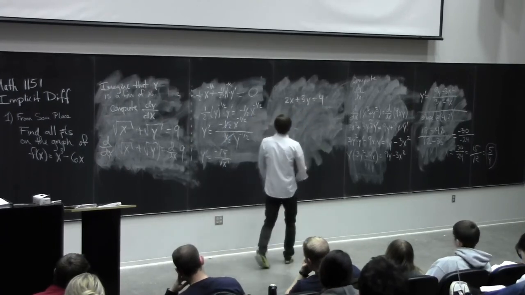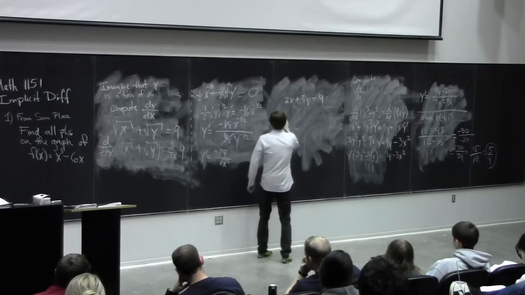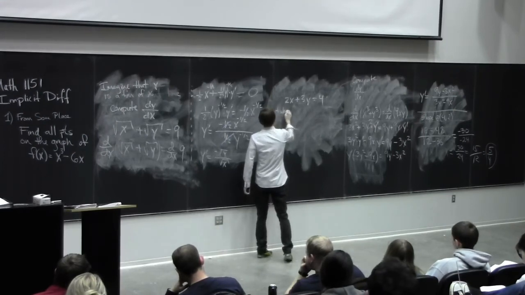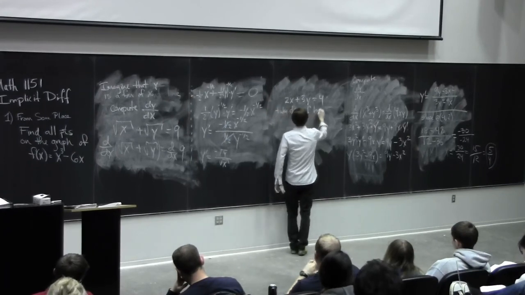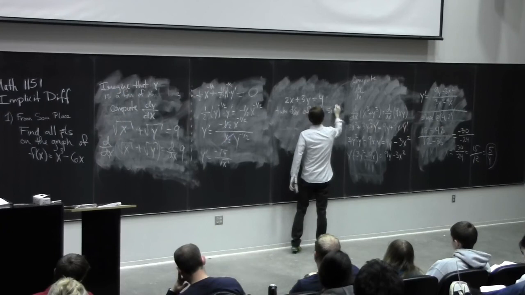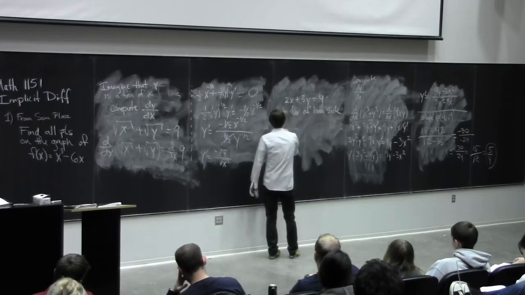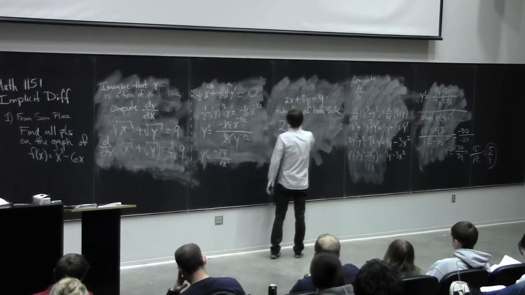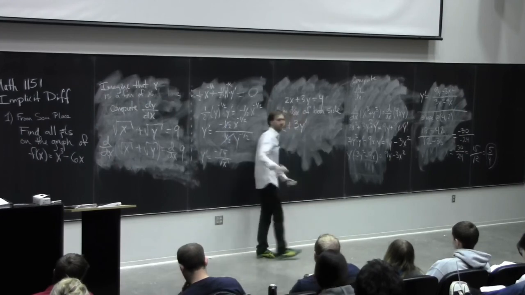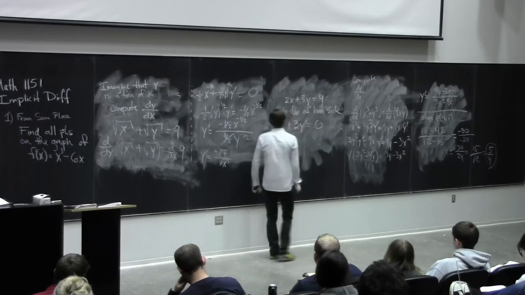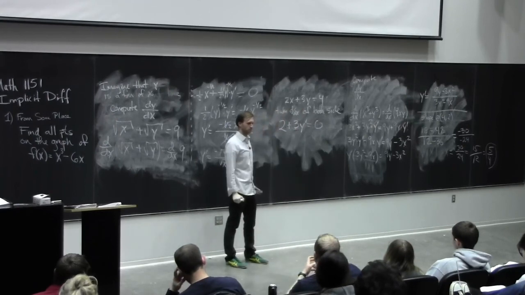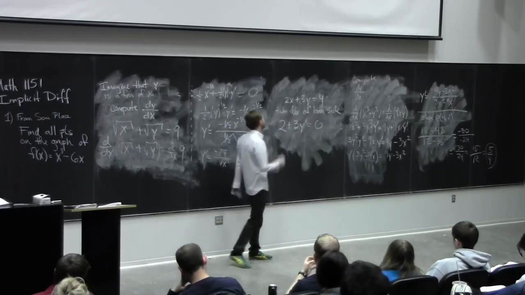And I take the derivative of this. I take the derivative of both sides, and we're going to get 2 plus 3y prime equals 0. And look, check this out.